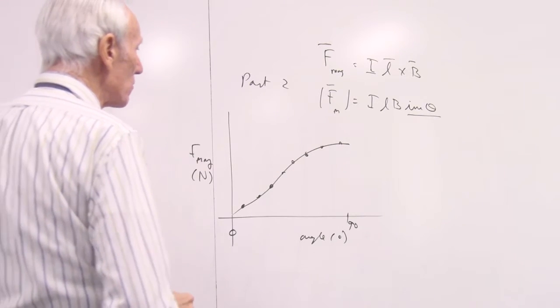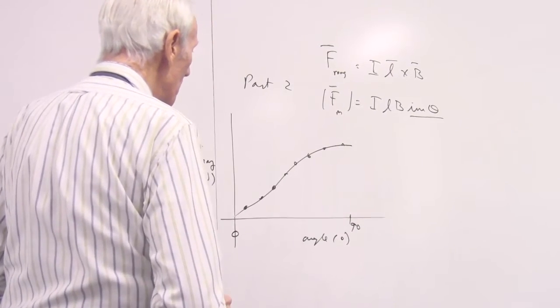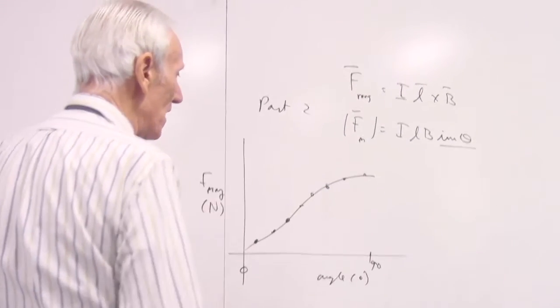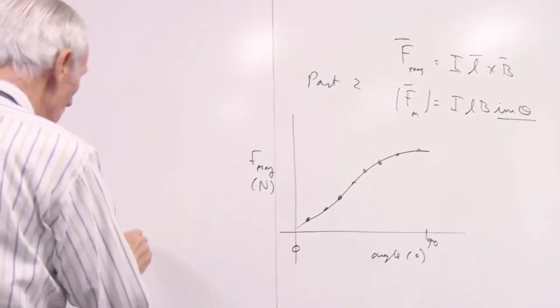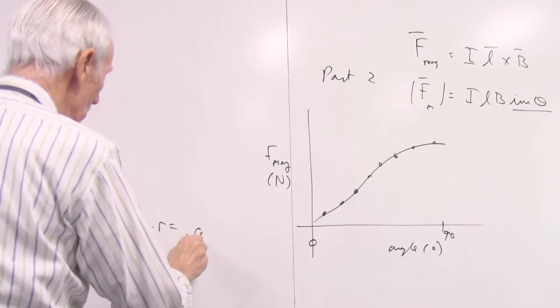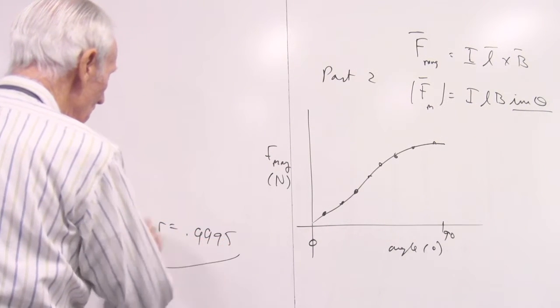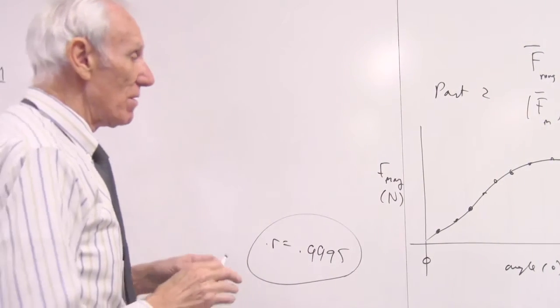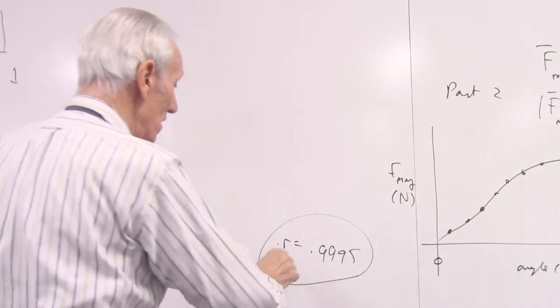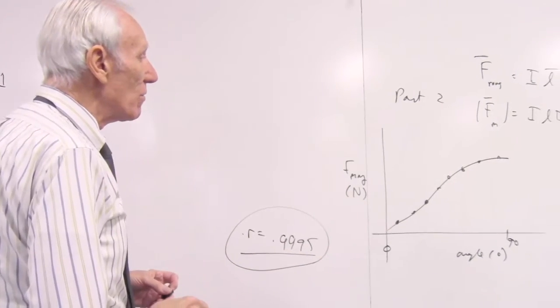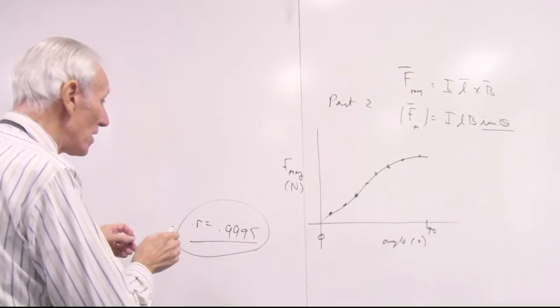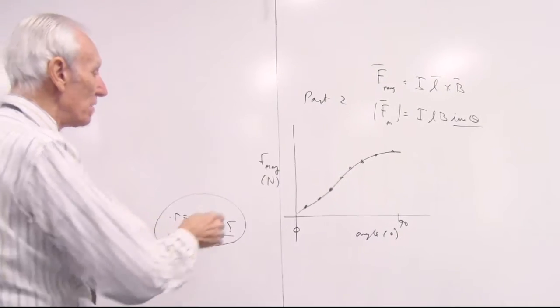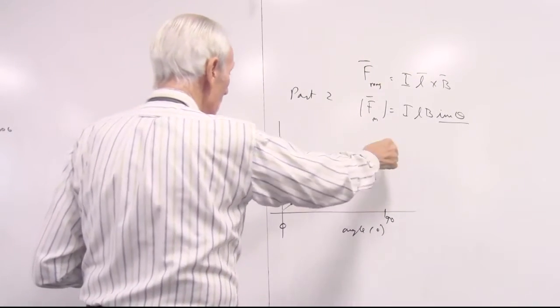The results we got were that these data follow a sine curve, and the coefficient of correlation was something like 0.9995, and if that were exactly 1, that would be a perfect fit. So the verification here is in your correlation coefficient: the closer to 1 it is, the more you've shown that your data indeed fit a curve like this.